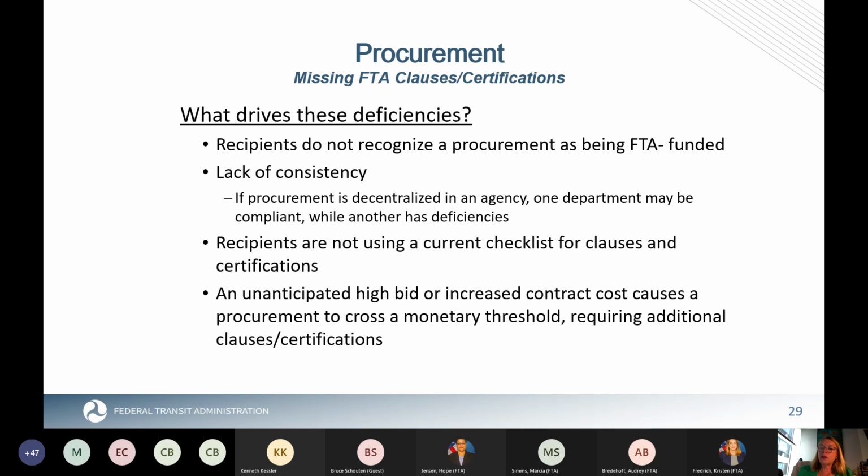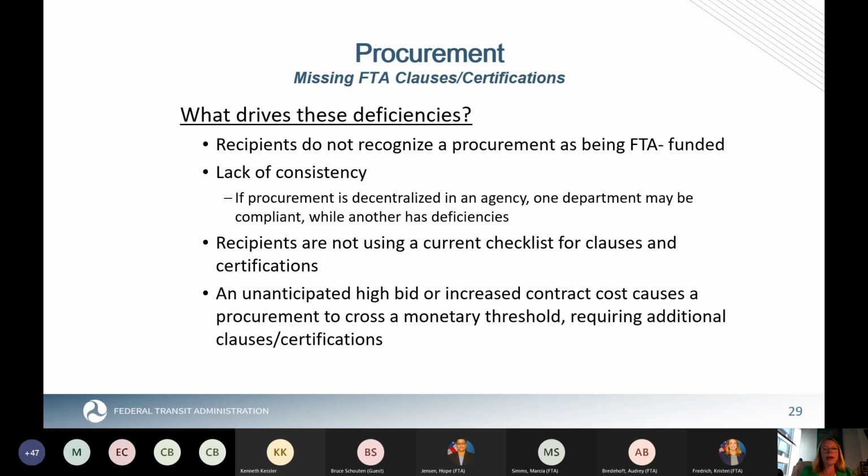In a few minutes, when we talk about the FTA COVID-19 supplemental funds, we'll also talk about another driver under that first bullet, which is many of you historically have not used operating funds from FTA or received them. And now, because of the COVID-19 supplemental funds, most recipients are accessing operating assistance and using it for procurements. And so you need to make sure that you bring those procurements back into the federally funded fold for processing.